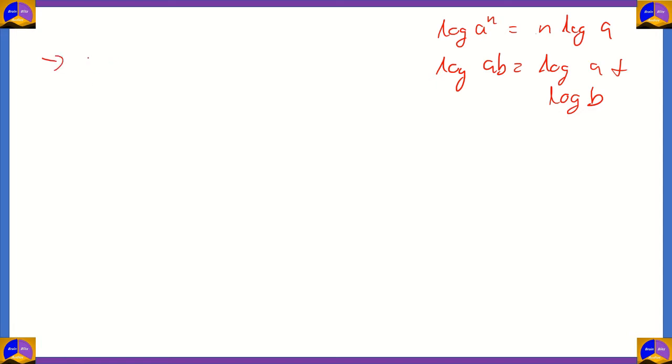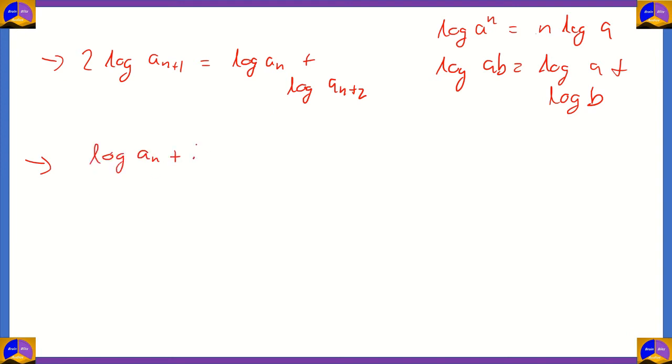So when we apply that, the equation now becomes 2 log An+1 equals log An plus log An+2. So on rearranging this, we take 2 log An+1 to the right hand side. So that means log An plus log An+2 minus 2 log An+1 is equal to 0. This we can consider as equation 1.